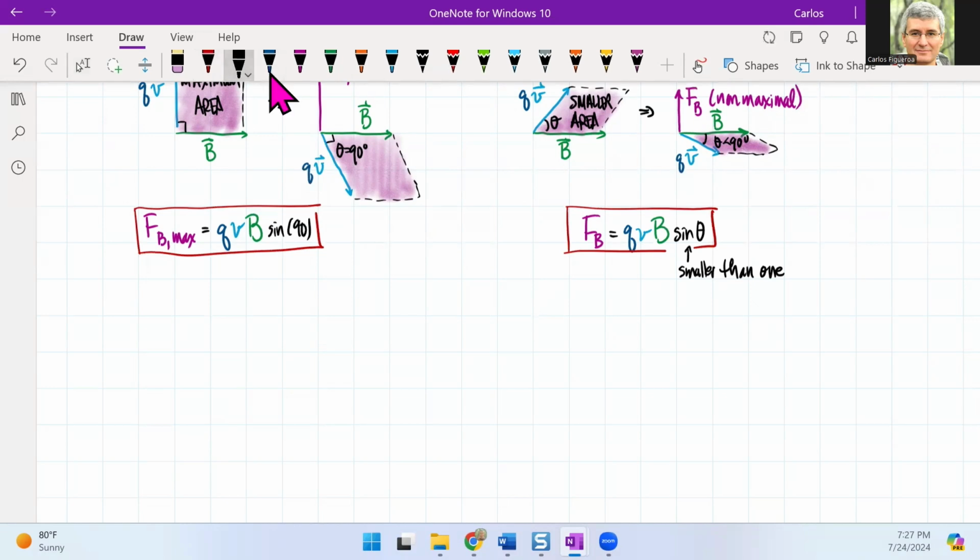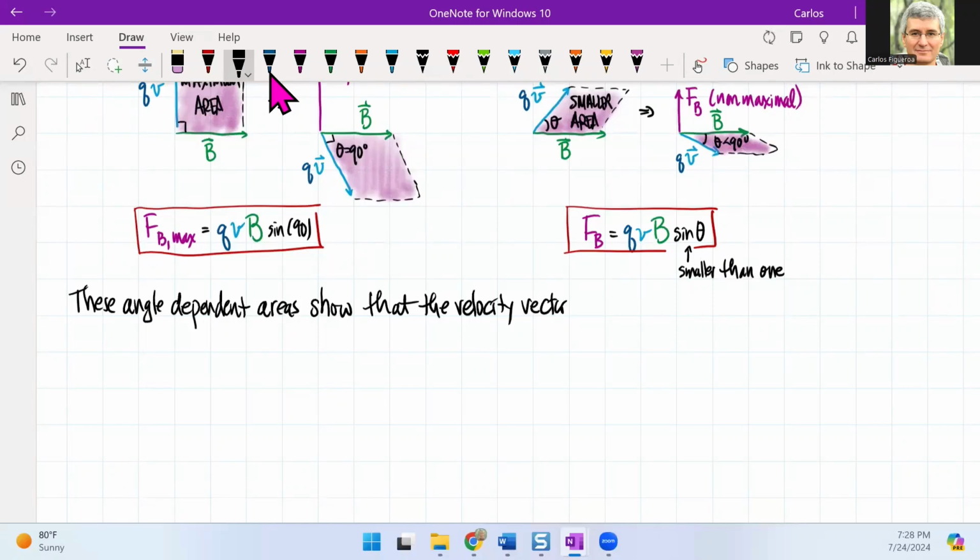So now what we're seeing here is that angle-dependent areas show that the velocity vector can be broken up into parallel and perpendicular components.